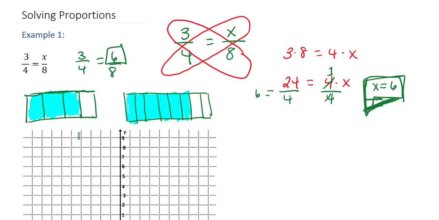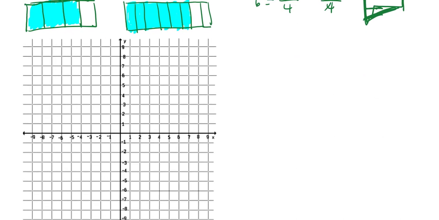And then another way to think about it is by graphing. This might be something you haven't really touched upon as much, but if you were to have a graph, so 3 out of 4, and then we have 6 out of 8. If you just keep going, this 3 out of 4 creates this slope.